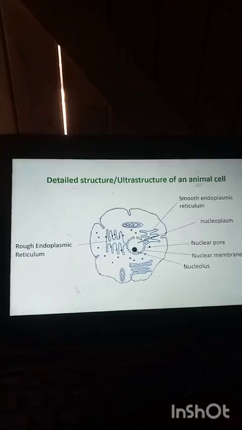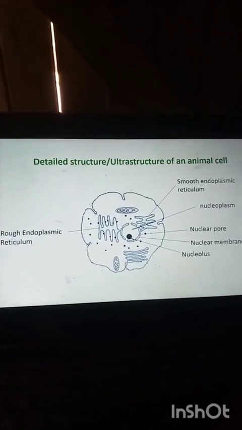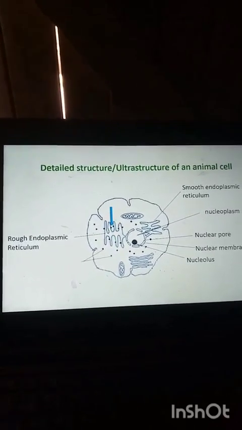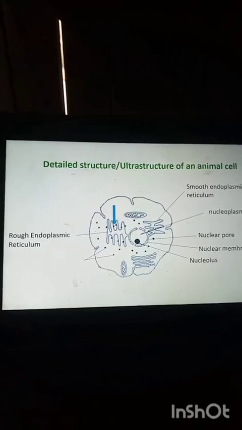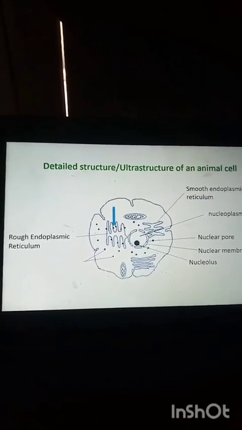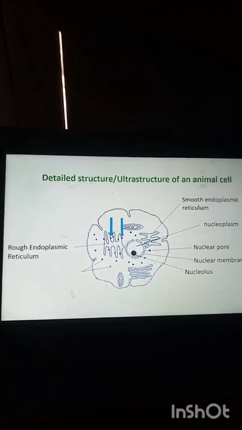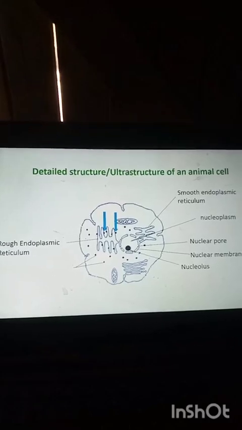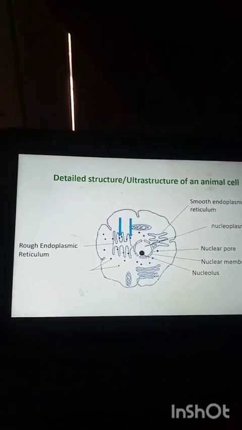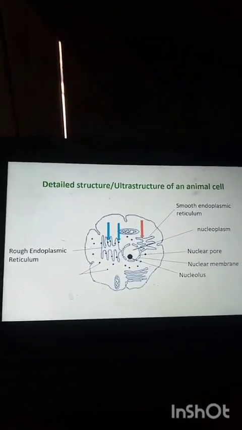Rough endoplasmic reticulum. What is the difference that exists between the rough and the smooth endoplasmic reticulum? It has these pores that you can see here. Meanwhile, if we observe, these pores are not there on the smooth endoplasmic reticulum.